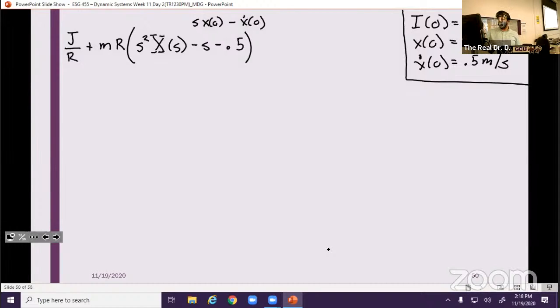The second term that I have is B times R times s X of s, because it's the Laplace transform of x dot, minus 1, because it's x naught.